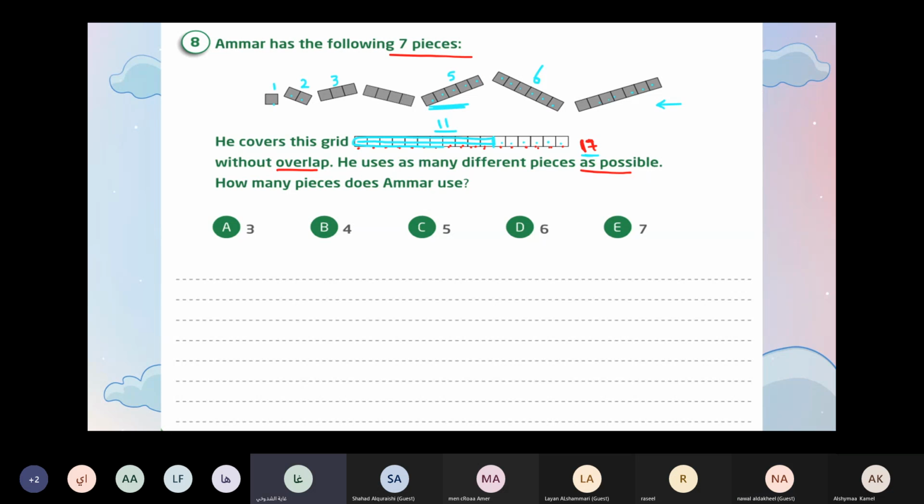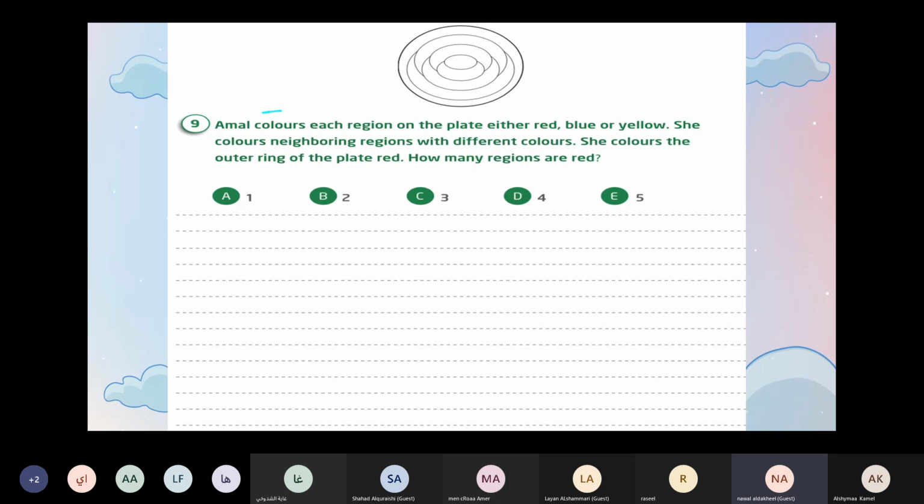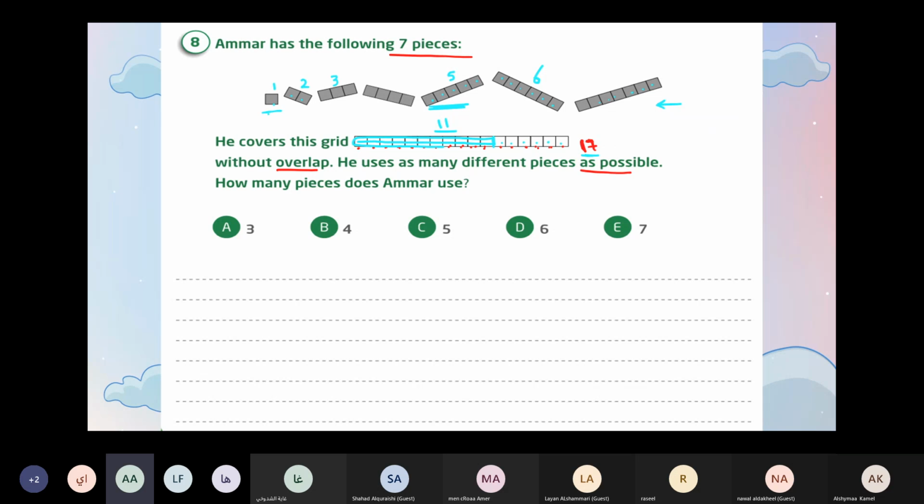The second one on the right. So how many pieces did we use from the 7 pieces? We use 1, 2, 3, 4, and 5. We used 5 pieces.